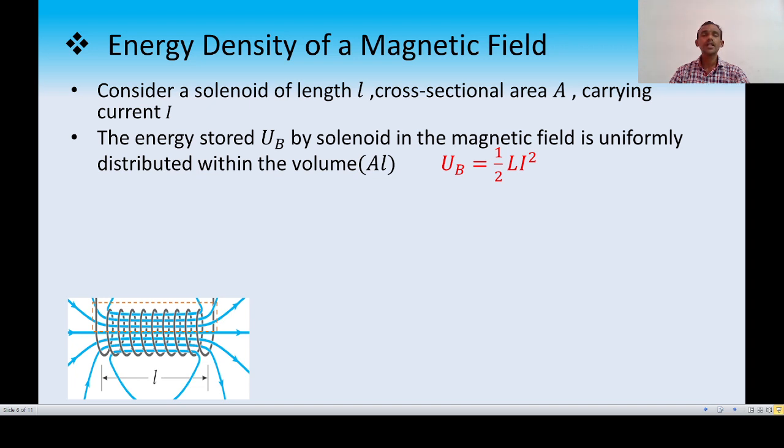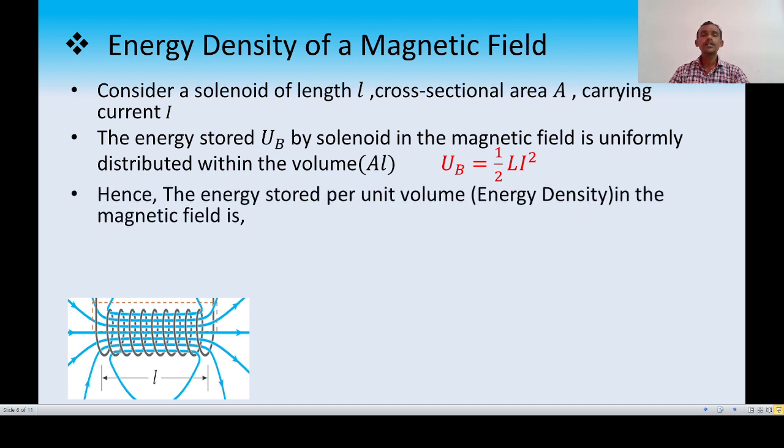The volume of the solenoid is A into L, where A is the area of cross section of the solenoid and L is the length of that solenoid. This energy is uniformly distributed within this volume. Now, from this we can estimate the energy density. Energy density is nothing but the ratio of total energy to the volume of the solenoid.